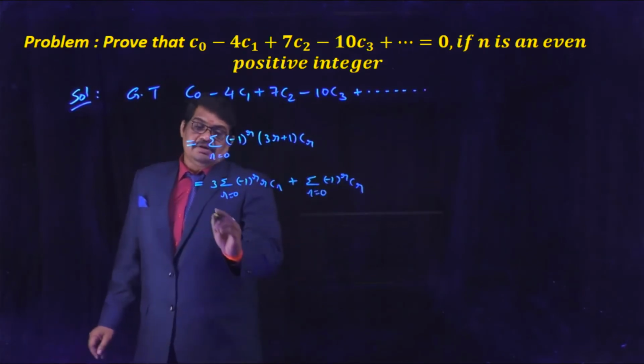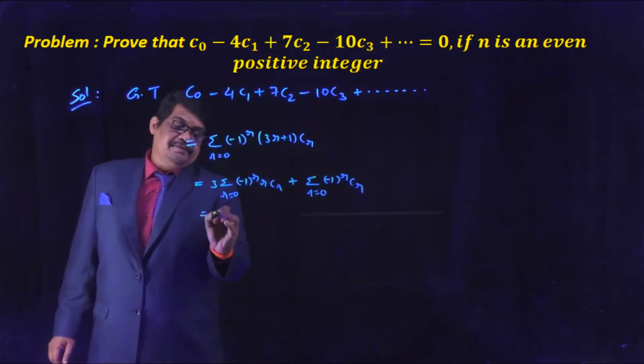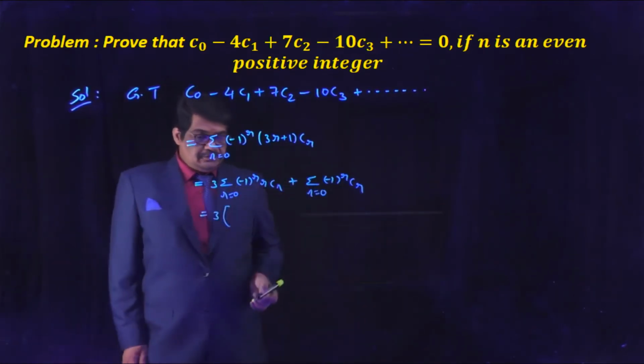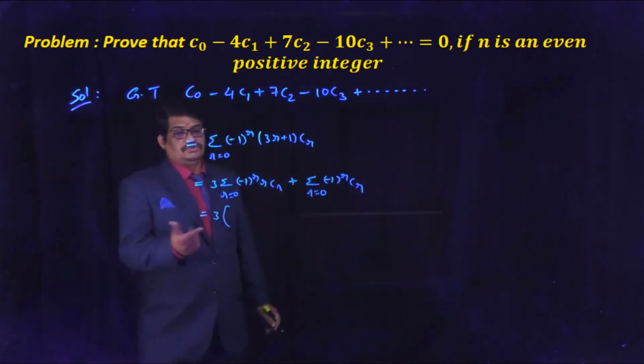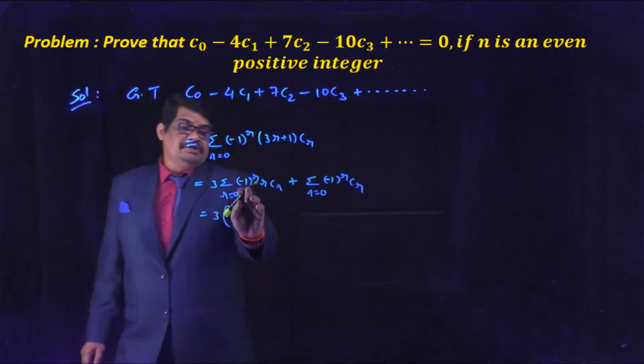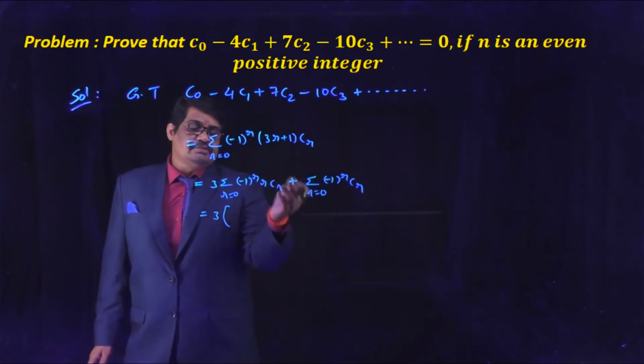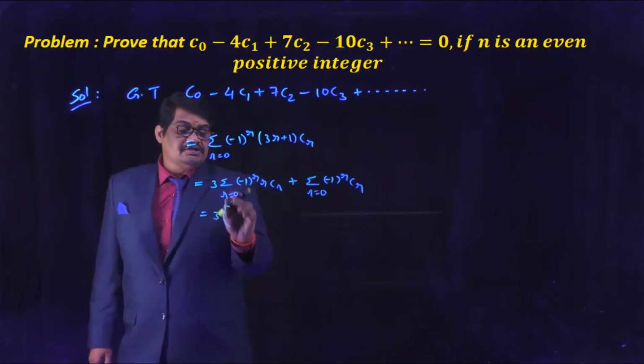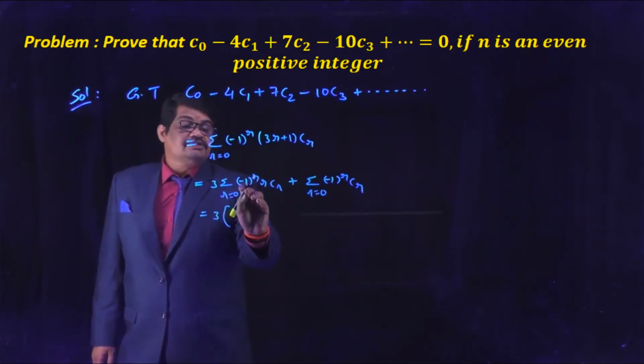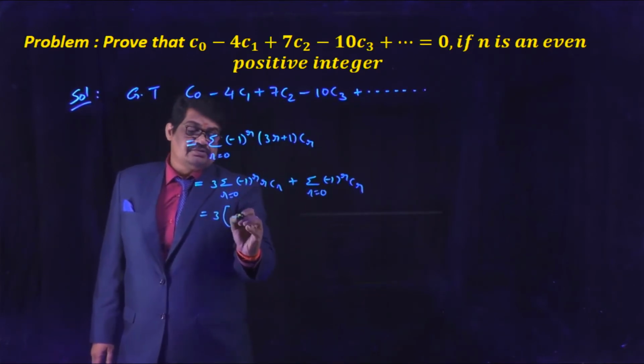Now we write 3 into the first series. If r is equal to 0, that is 0 into something, which is 0. Next, r equal to 1 gives minus 1 to the power of 1, that is minus 1, and r is 1, so that is C1.